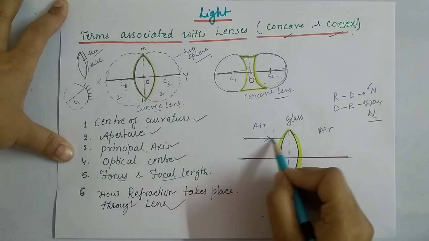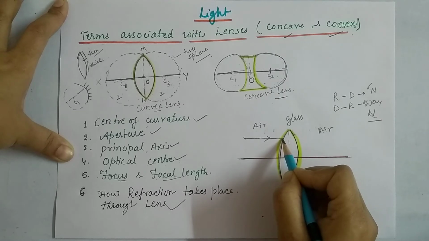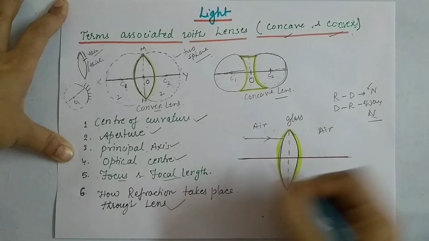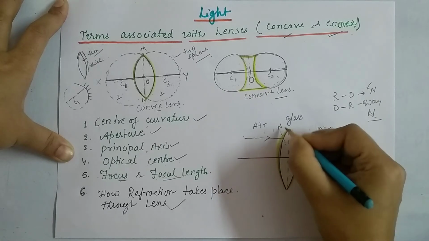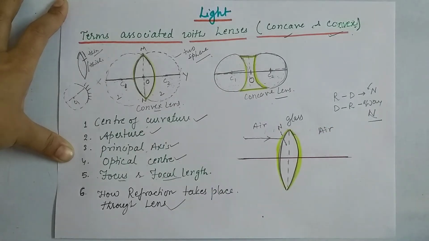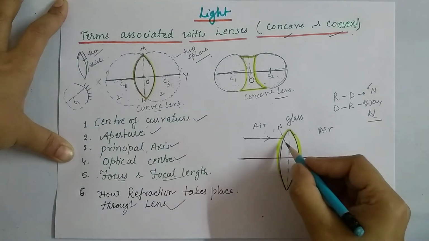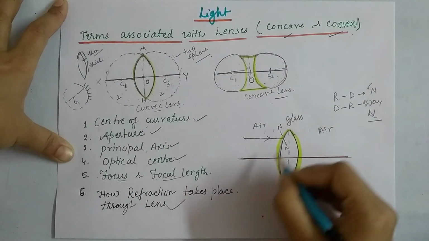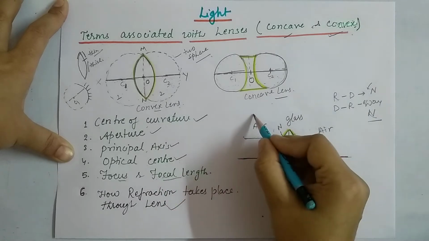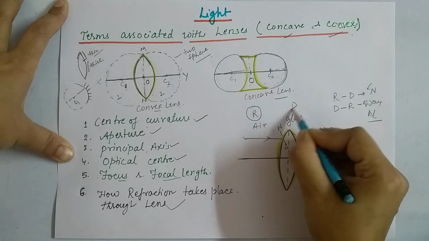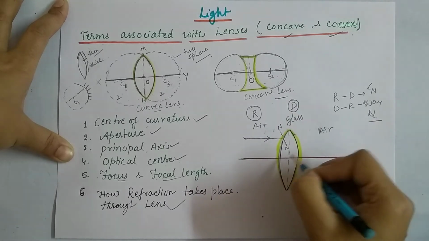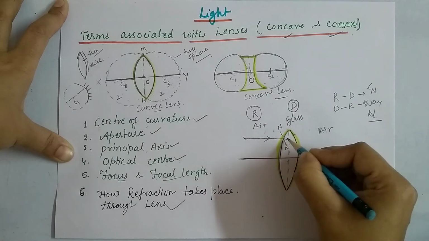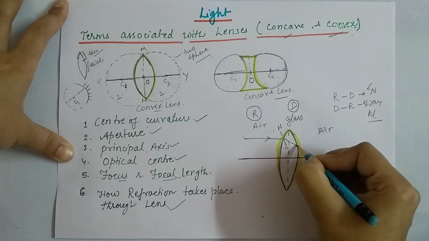Now when light is incident here, we always draw a normal. So if this is a normal, then air is your rarer medium and glass is your denser medium. So what happens? It will move towards the normal.